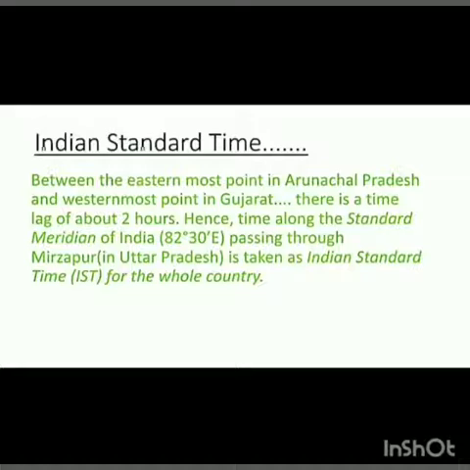And to avoid this confusion in the time, a standard time is taken, which is the time along the standard meridian of India, which passes through Mirzapur in Uttar Pradesh and is at 82° 30 minutes east. This time along the standard meridian is called Indian Standard Time or IST for the whole country.